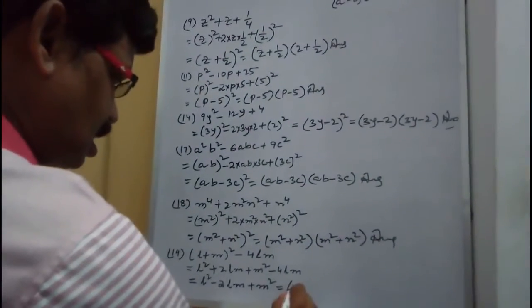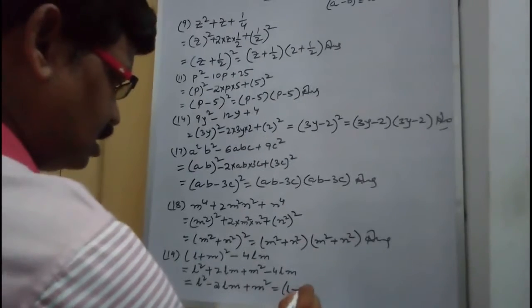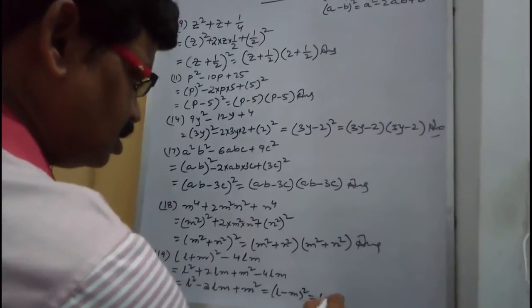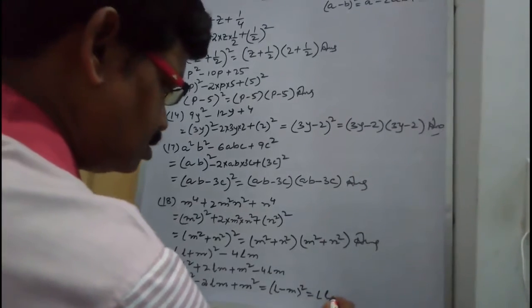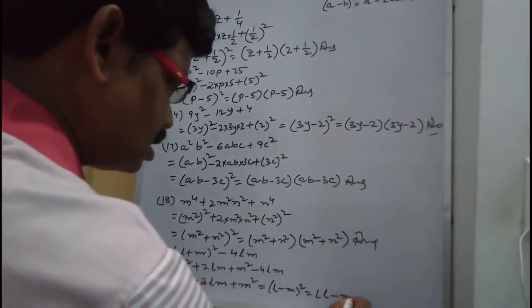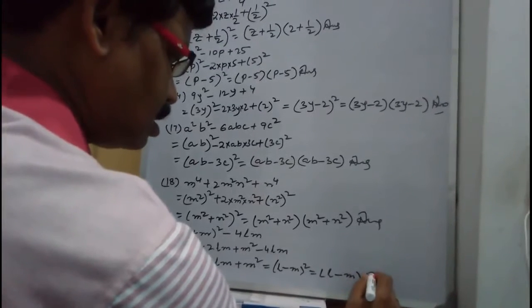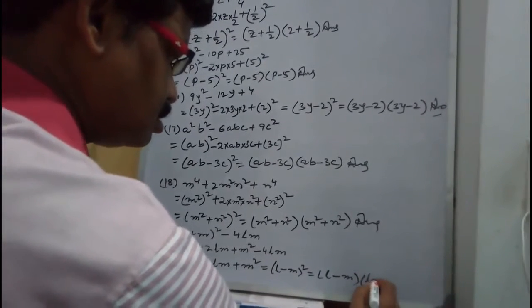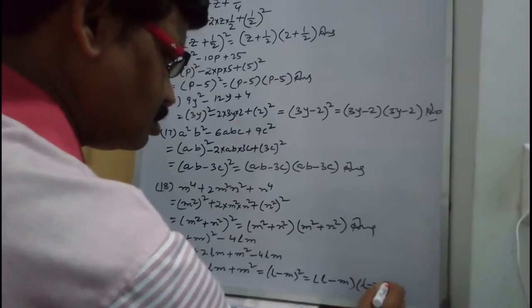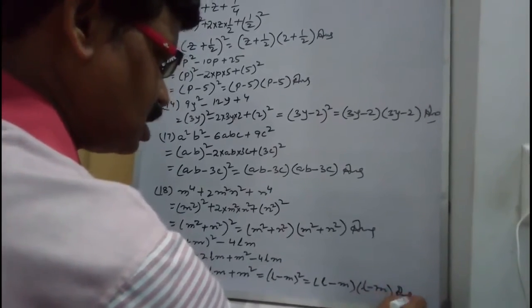So (l minus m) whole square, write in lowest form, l minus m, l minus m. So this one is the answer.